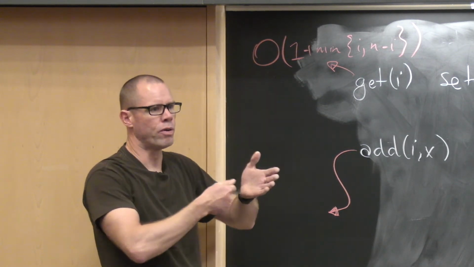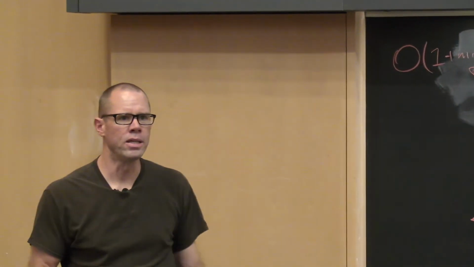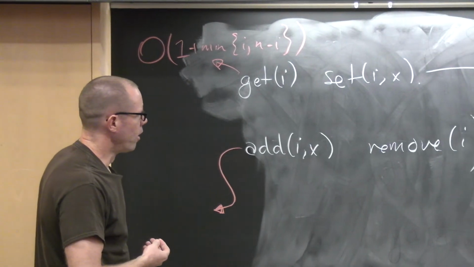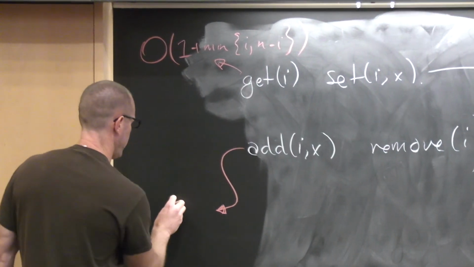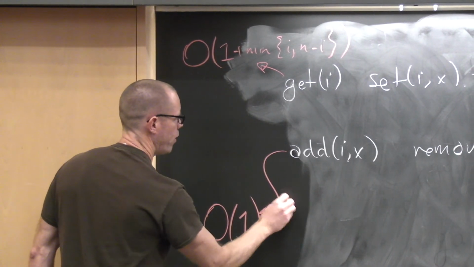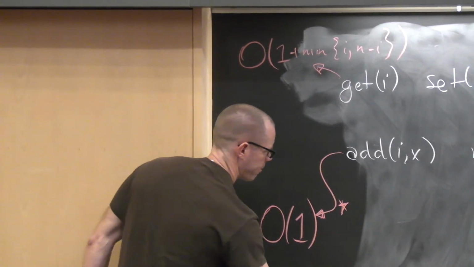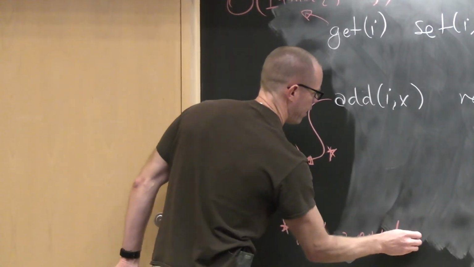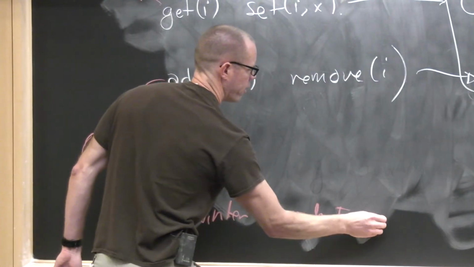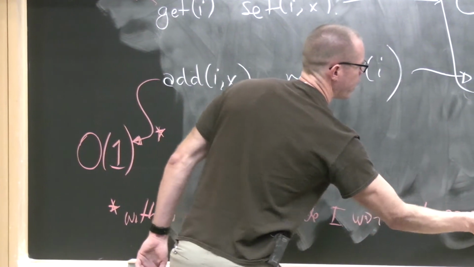So you have to traverse the list to find it. But once you found it, it was easy to add and remove. So I'll put an O(1) here with a little footnote that says with a pointer to the node I want to remove. Without the pointer, you're still stuck with the problem of finding that node.